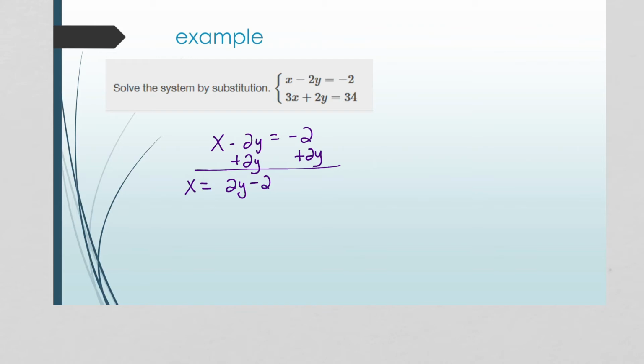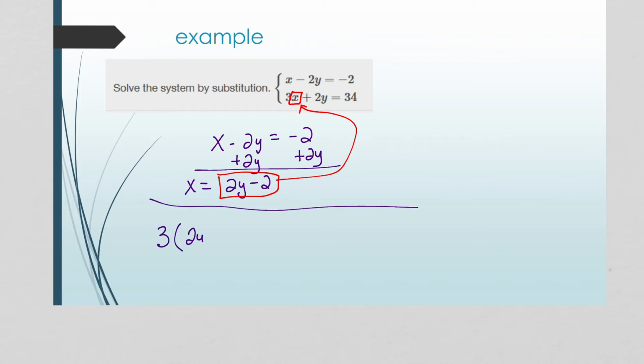So now I can take what x is equal to, and I can go to the second equation, the other equation, and put that in right there. Okay, so here goes. So now instead of x, I'm going to write 2y minus 2. And I'm going to finish rewriting the second equation.